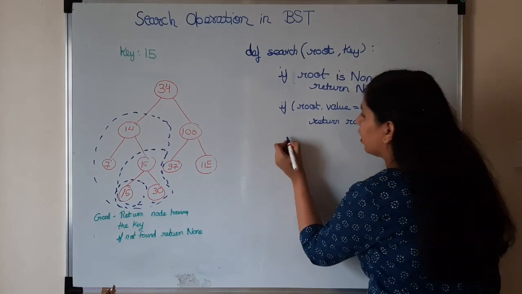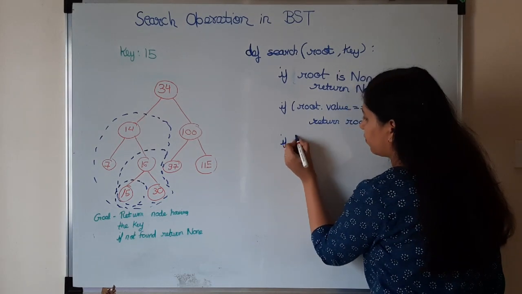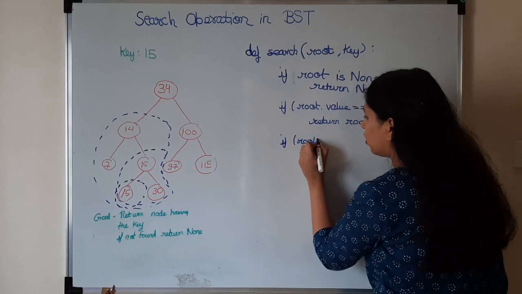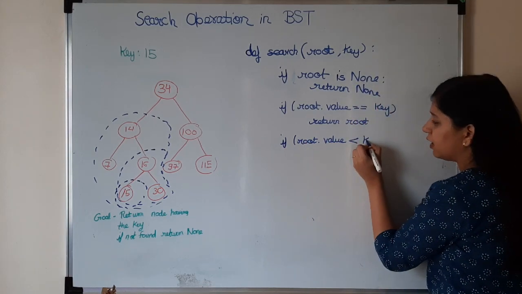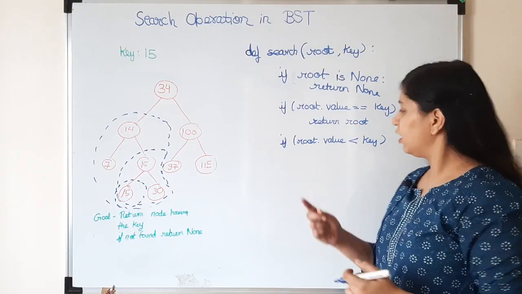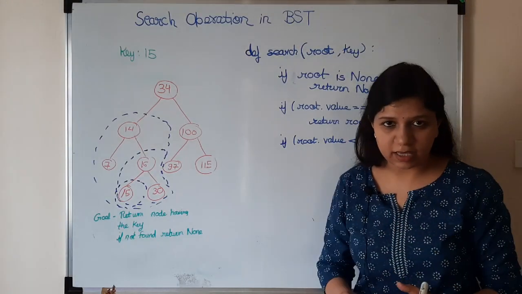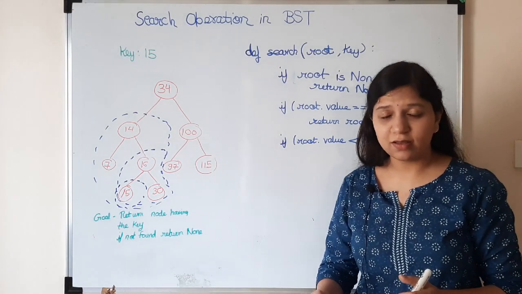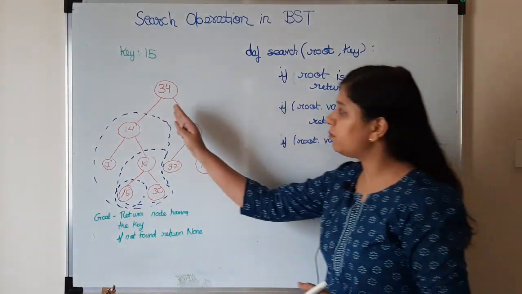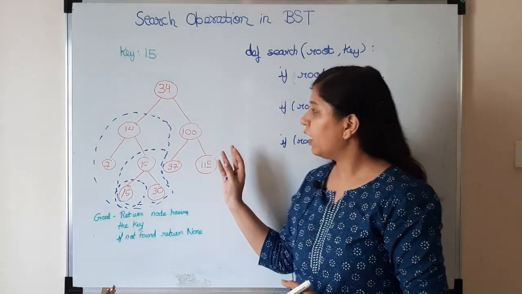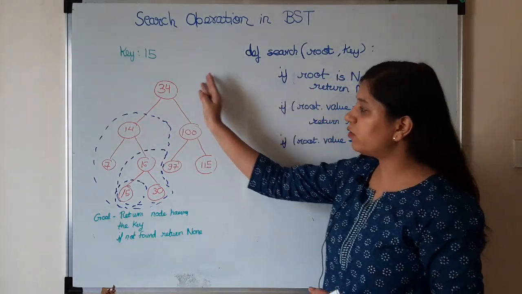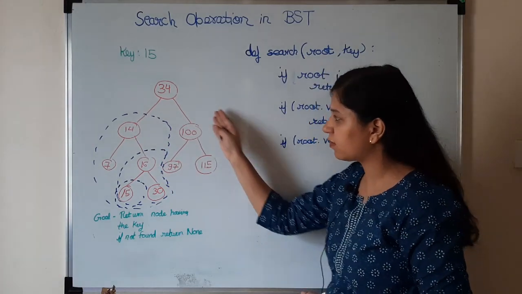Now the other thing is, if root.value is less than key, it means key is bigger. If key is bigger, it means you need to find it somewhere in the right subtree. And in a way, this problem is now minimized to that.